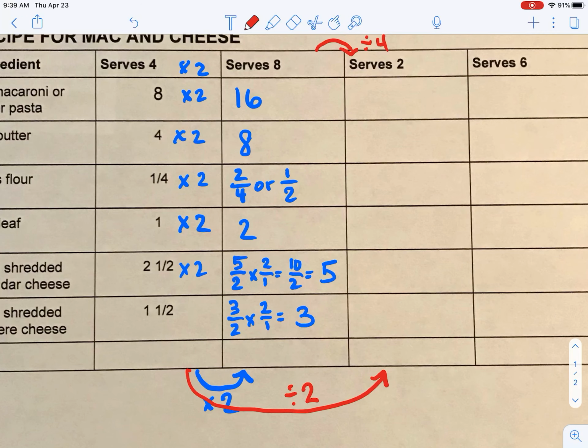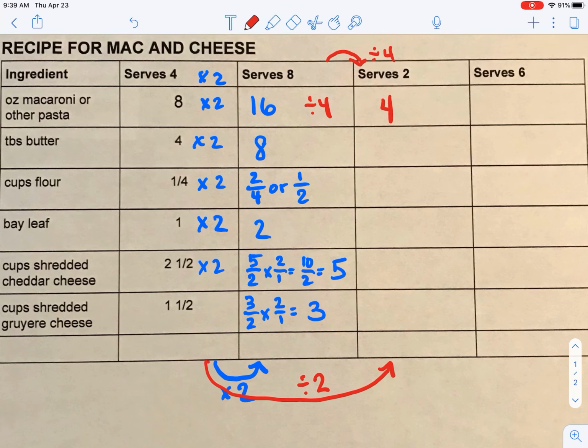Looking at this, I think I'm going to use the serves 8 because if you'll remember, that gave us whole numbers for the shredded cheese. And I want to remind you how we do that. So let's go from the 16 and divide by 4. So that's going to be 4 ounces of pasta just for me and my friend.